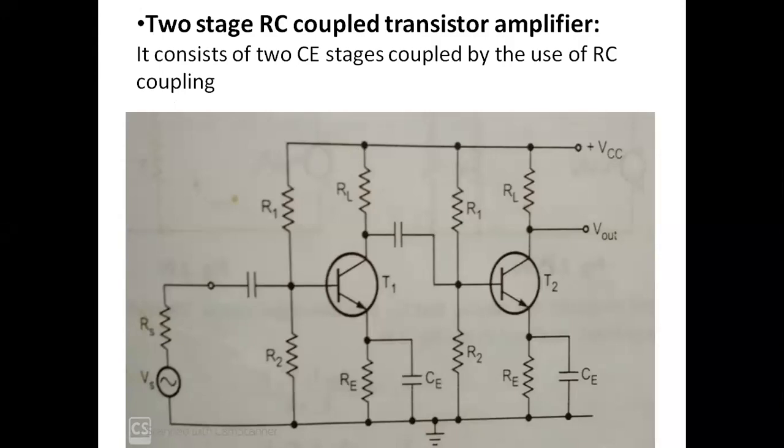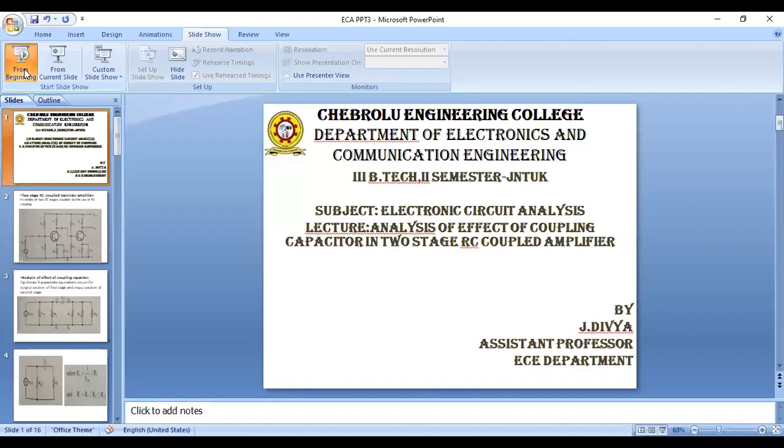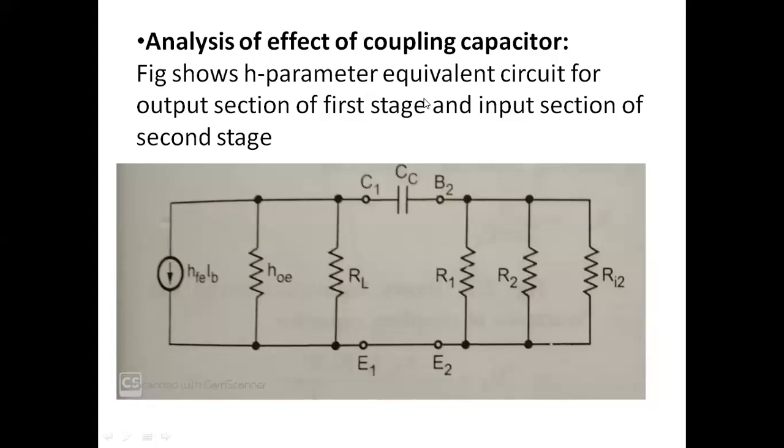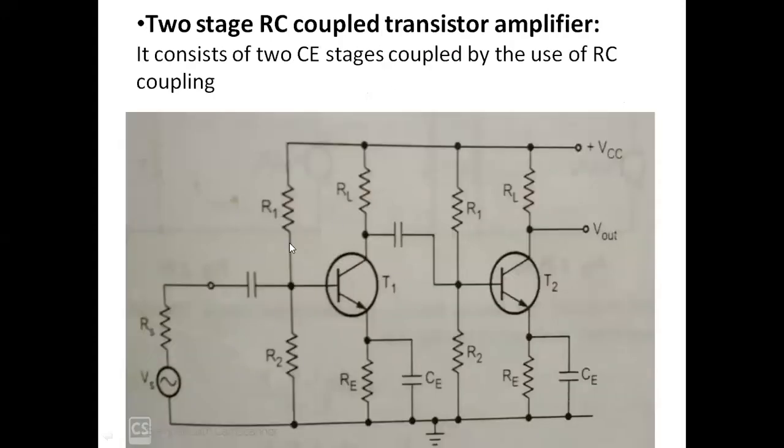Already we know two-stage RC coupled amplifier consists of two stages. In two stages we are considering two CE transistors, common emitter transistors. These two transistors or two stages are coupled by the use of RC coupling.